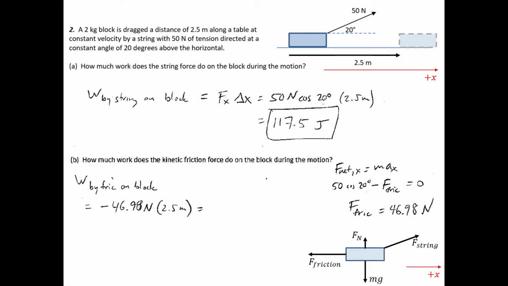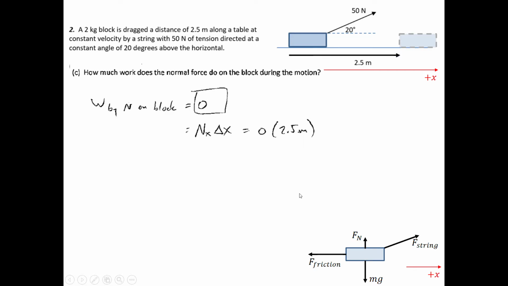So the work done here is negative, and it's exactly the negative of the work done by the string. Friction does negative work, the string does positive work. Okay, we're just trying to figure out how to calculate these things. We'll figure out why we're interested in the notion of work in the later sections.